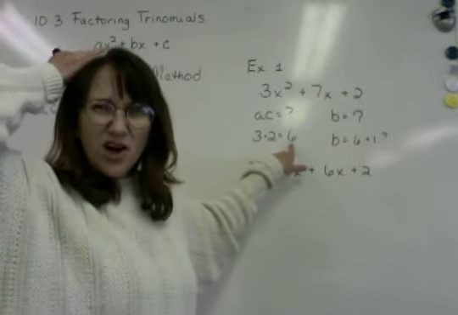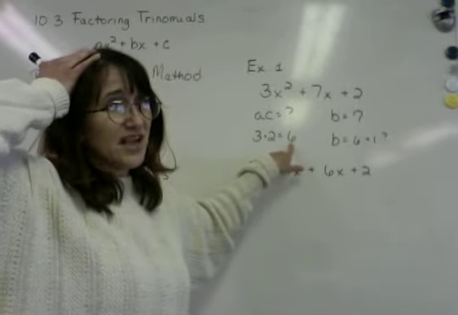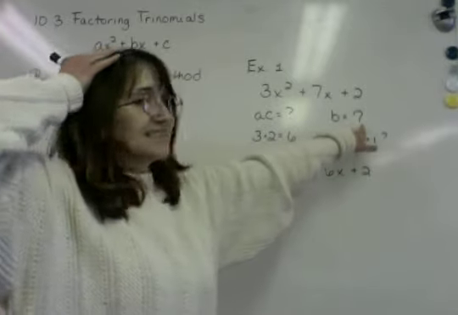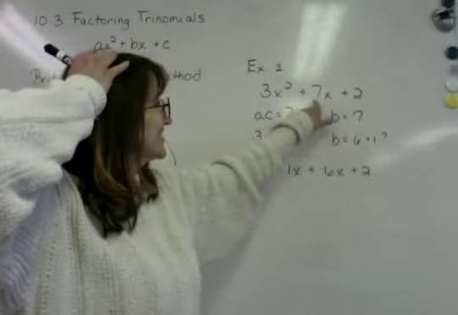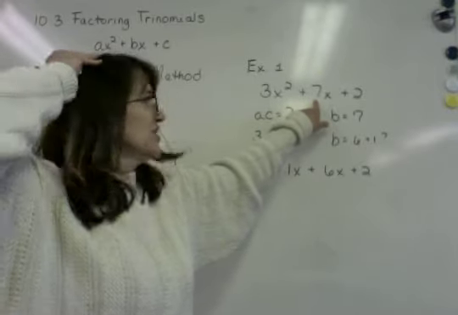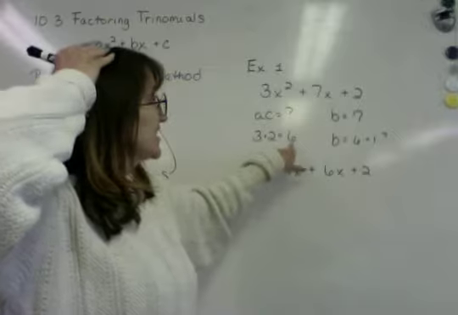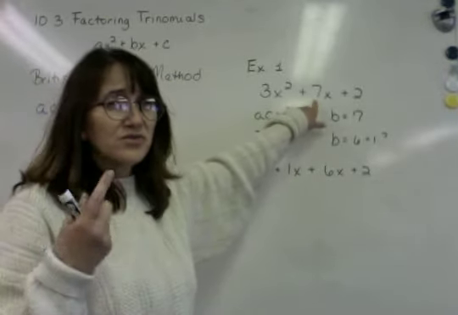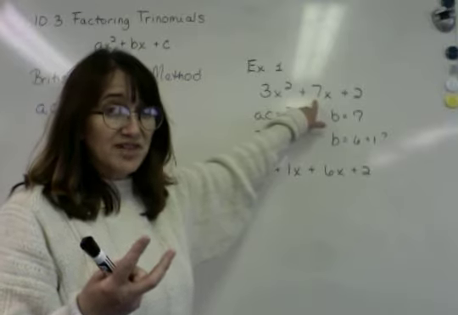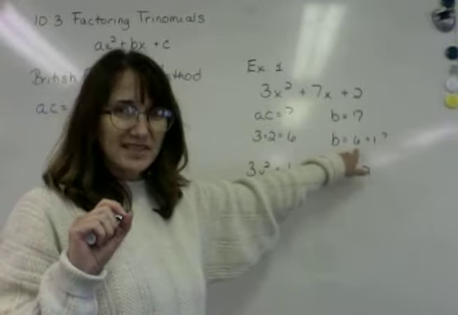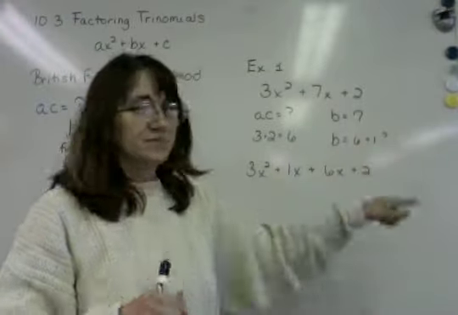Then I'm going to think, what factors of 6 do I need in order to get 7, which is B? There are only 2 factors, 6 times 1, which is 6, but that's 6 plus 1. Now what do?